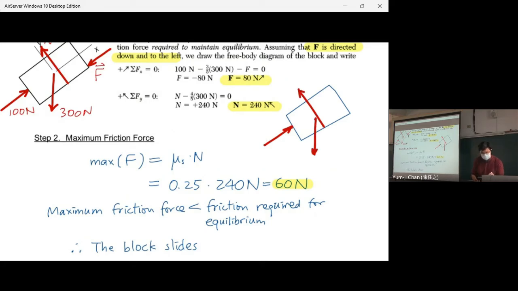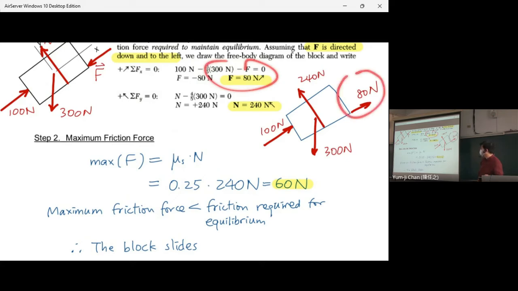And for this friction force, remember in this case, friction force is 80 Newton going up. So this is 100 Newton, and N is 240 Newton, and this one is 300 Newton, and this is 80. The 80 Newton here is going up, okay?